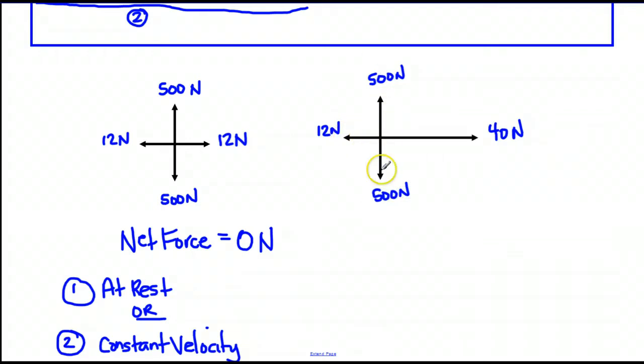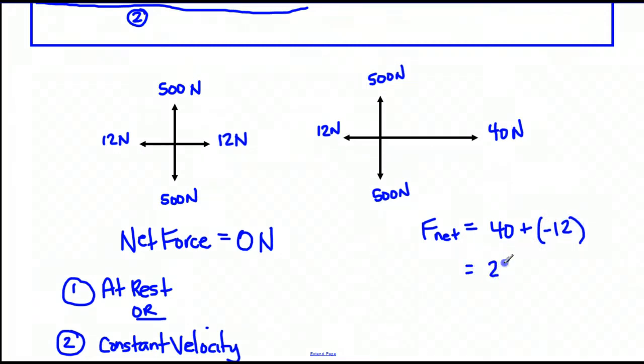Our net force in the vertical direction is 0, but we have a net force horizontally of positive 40, right, in the positive direction, plus negative 12, or minus 12 is the same thing. And we end up with a net force of positive 28 newtons to the right.